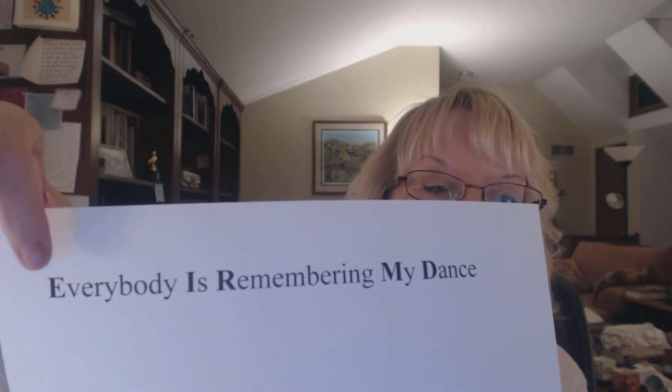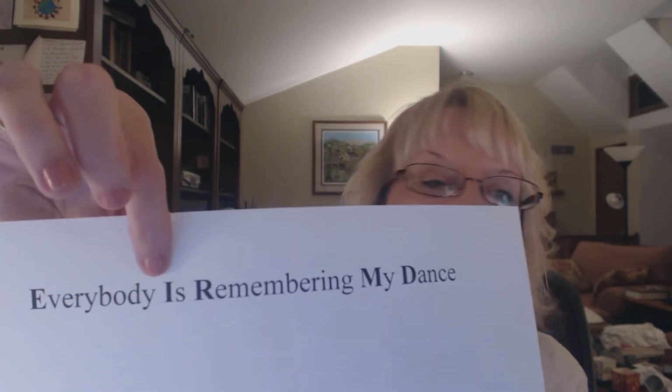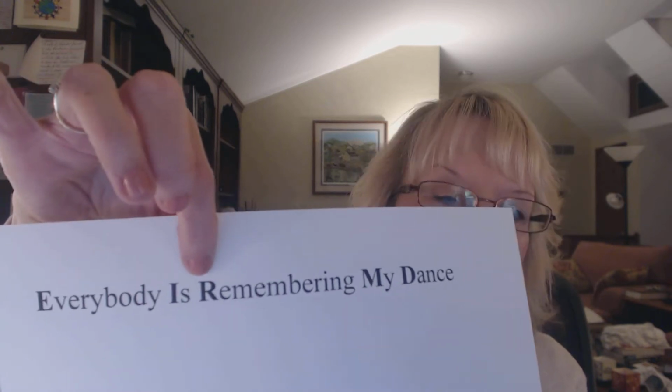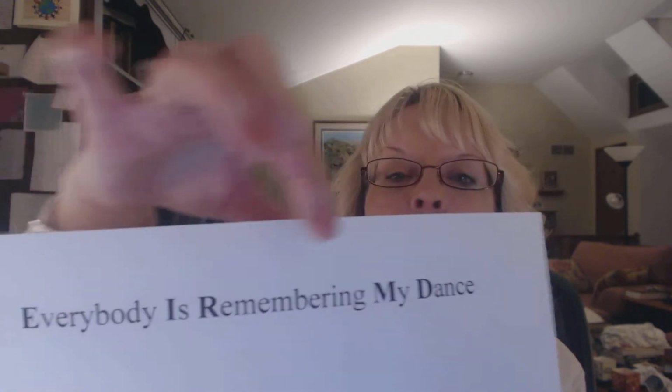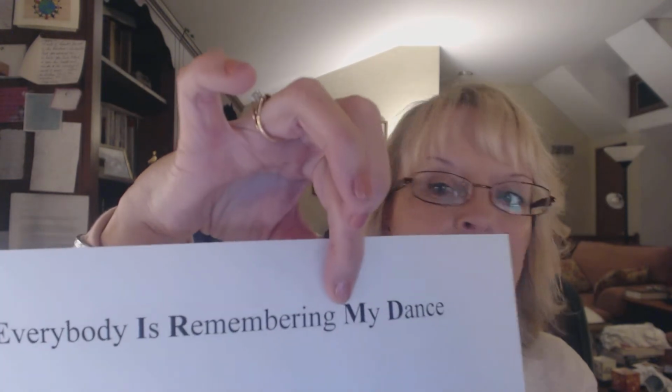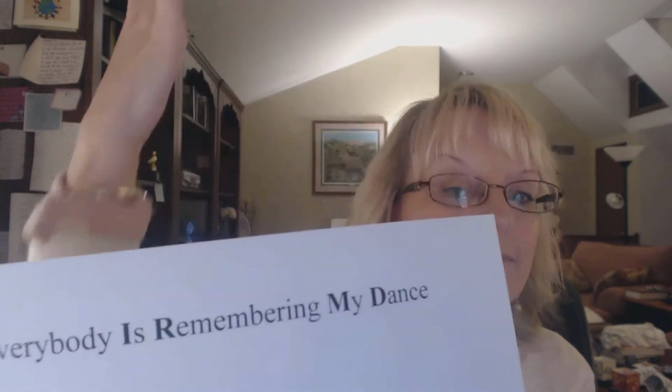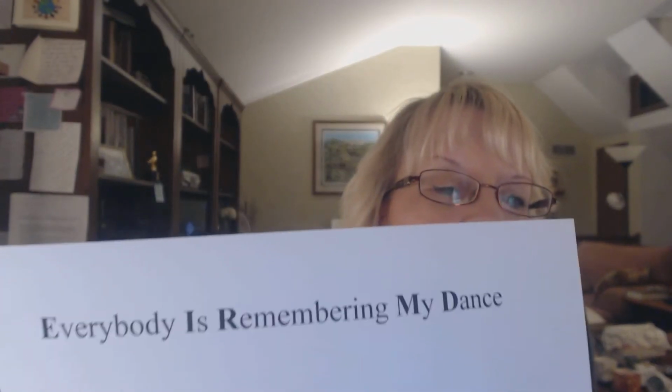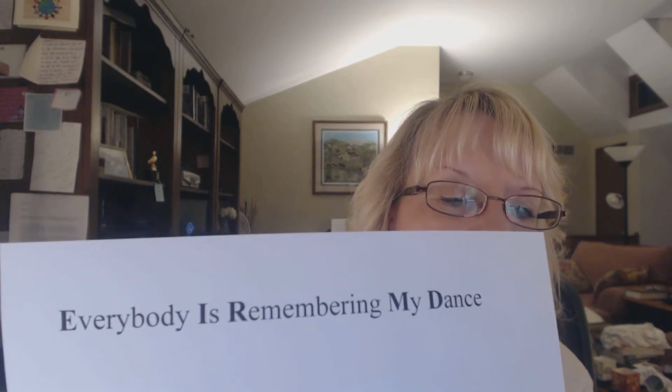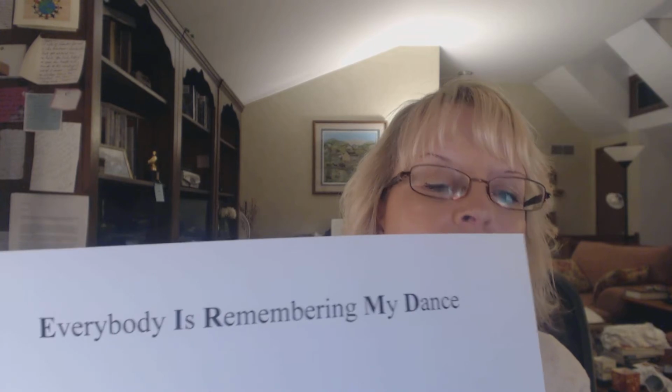So Everybody goes along with expressive movement. Is is for imagery. Remembering is for responding to beat. My is for moving in relation to beat. And Dance is for dance. So hopefully that will help you remember the order of the 5 stages. Everybody is remembering my dance.